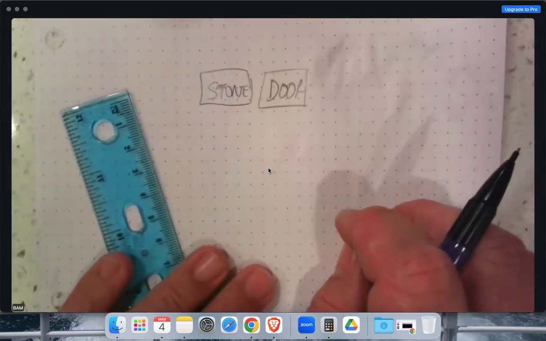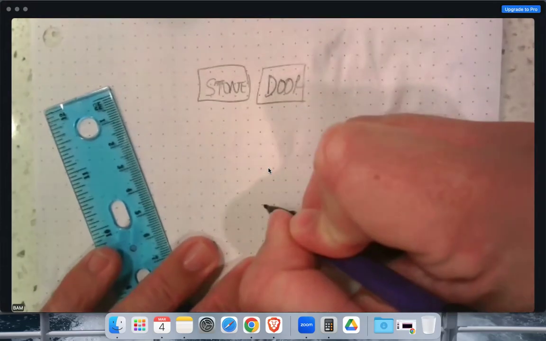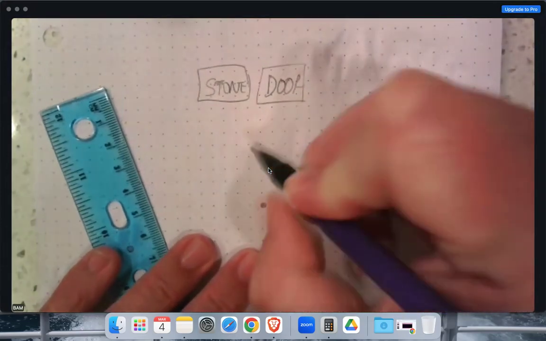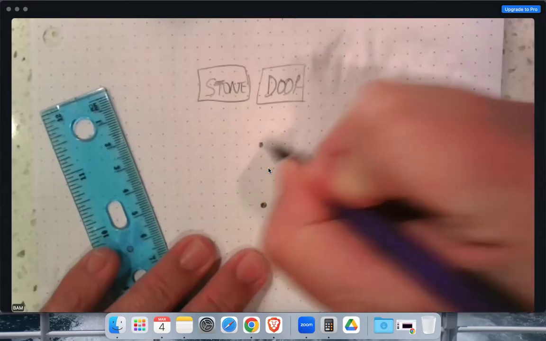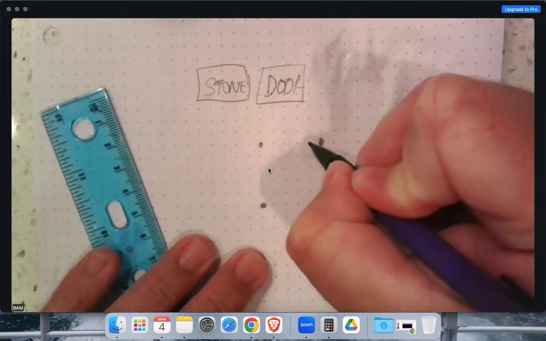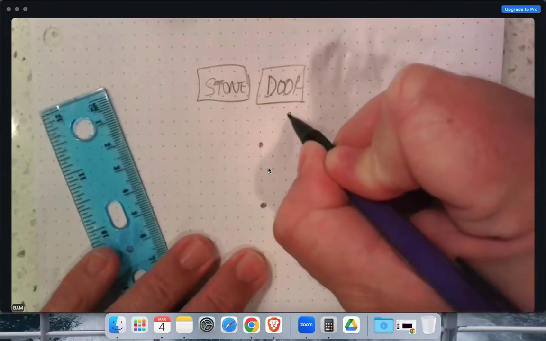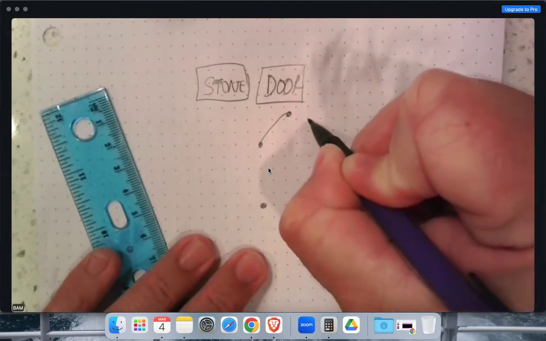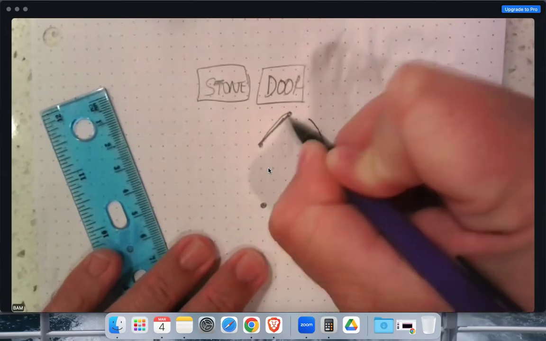So some people think of a tomb maybe looking like this. We could even make this like a triangle, I guess.